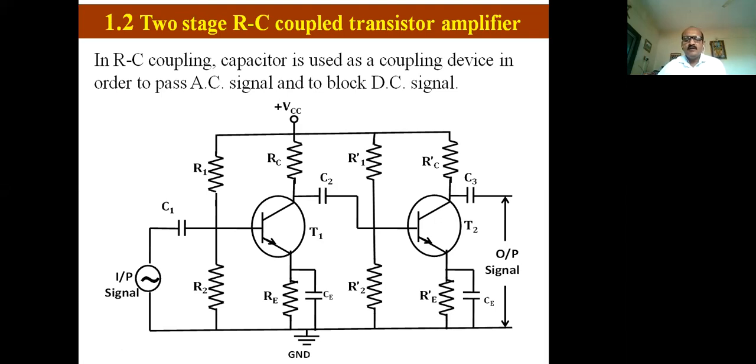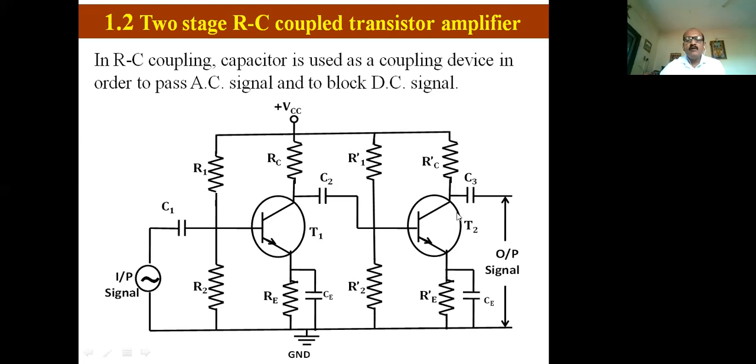Such a signal is given to the transistor T2, and this transistor T2 again amplifies this signal. This transistor T2 is connected in CE mode. Therefore, again we get the inversion. Where there is a negative half cycle, we get the positive half cycle here, and where there is a positive half cycle, we get the negative half cycle.